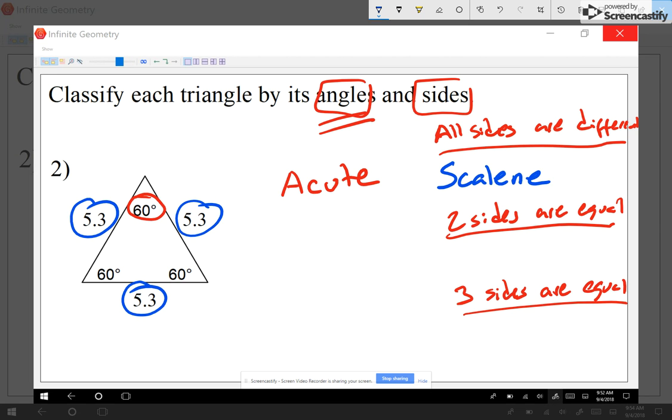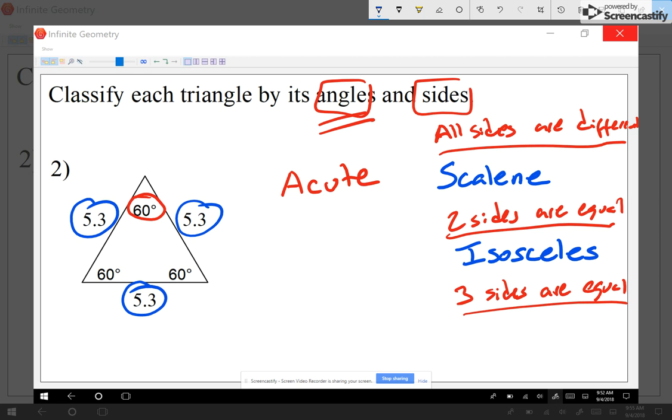When two sides are equal, I think of myself, I have two legs that hopefully are equal. If I stand on the floor, I create a triangle with the floor. No matter how much I open or how little I open, I create a triangle, but two sides are always equal. So I'm going to call this isosceles. Isosceles is when we have two sides equal, kind of like I said, I have two legs.